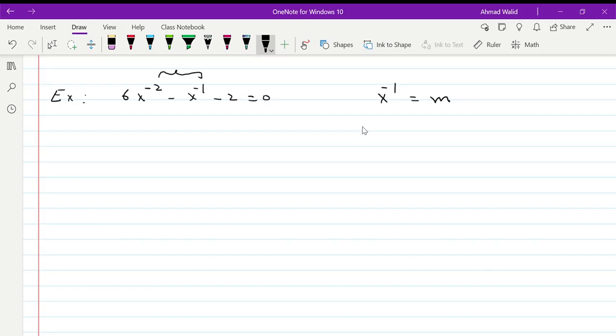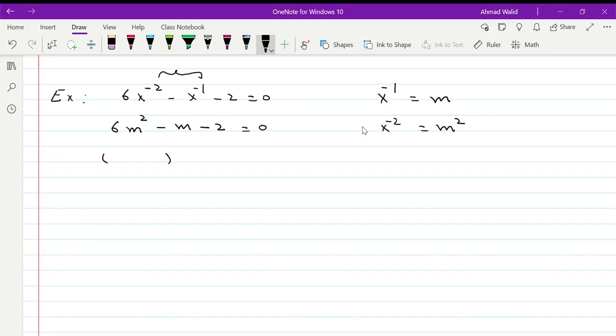Usually we use M. If M is x to the negative 1, then x to the negative 2 becomes what? M squared. Replace it, or substitute, you end up with 6m squared minus m minus 2 equal to what? To 0.